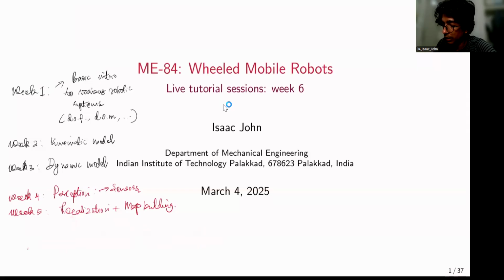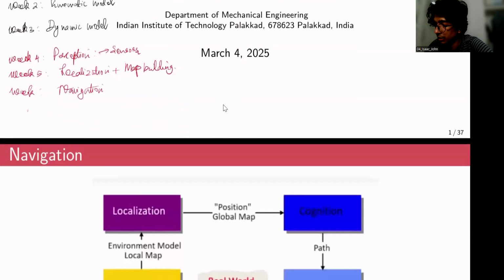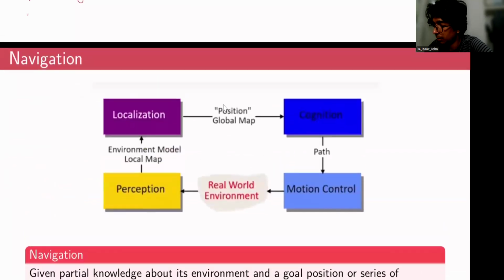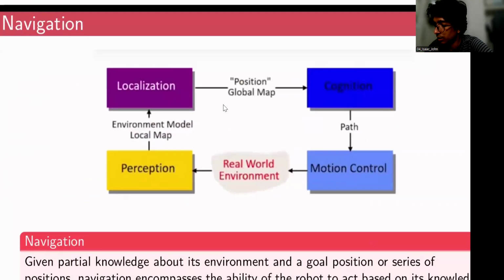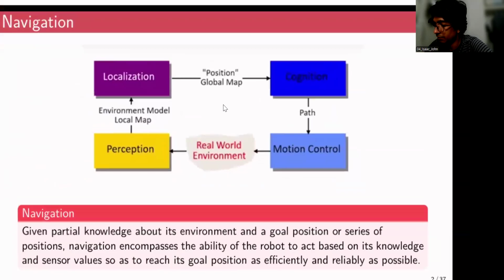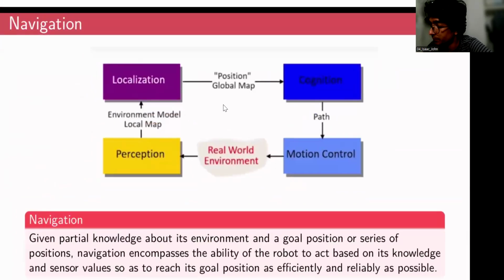And then now we have reached week six, where we will be discussing navigation, right? Let us revisit the flow chart of a wheeled mobile robot and see where we are currently for this week.